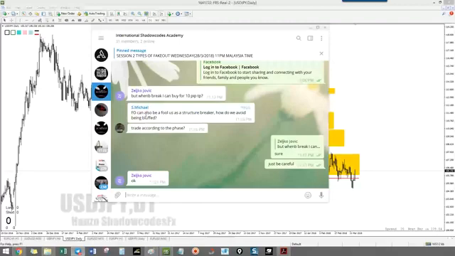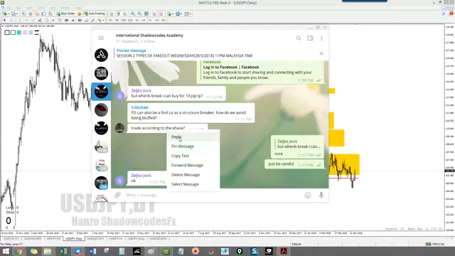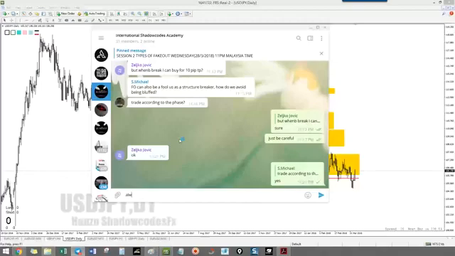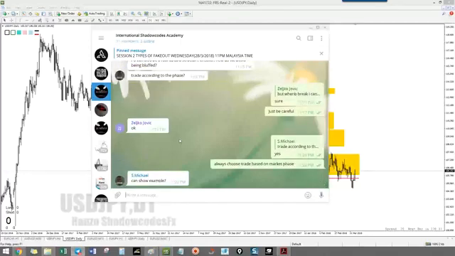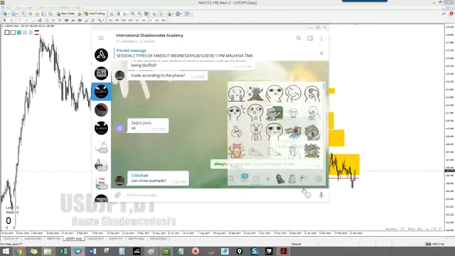Alright. A fake out can also be a false breaker. How do we avoid being bluffed? I already explained. Trade according to phase, yes. Always choose to trade based on market phase. And for an example, I already showed, I think, over here.